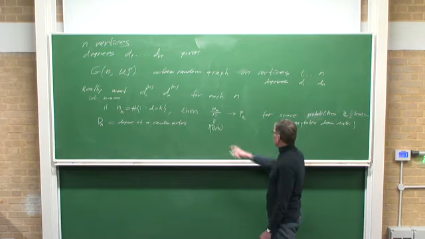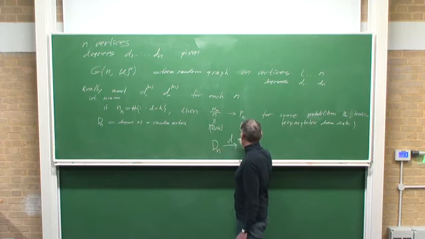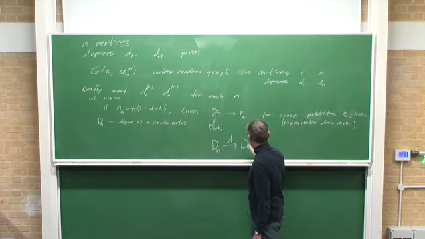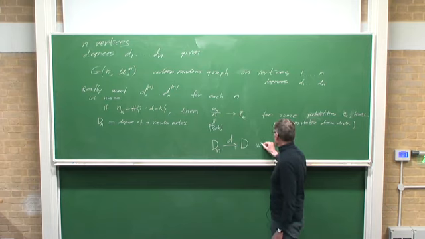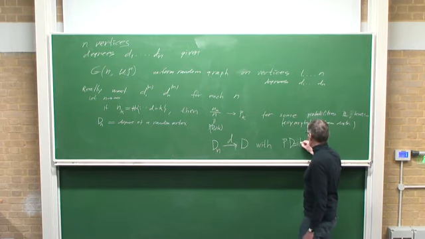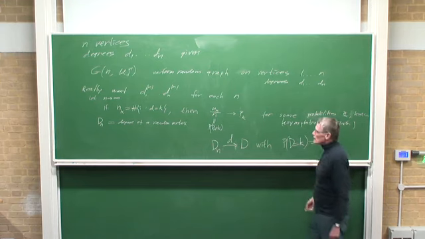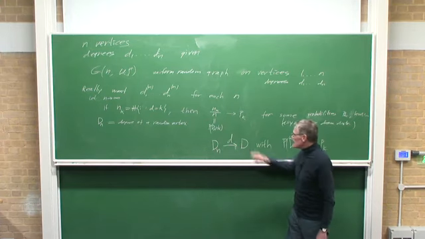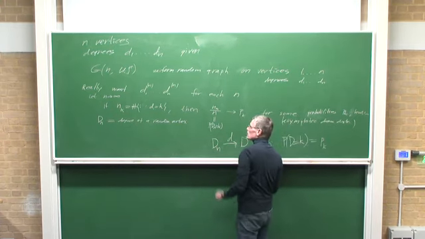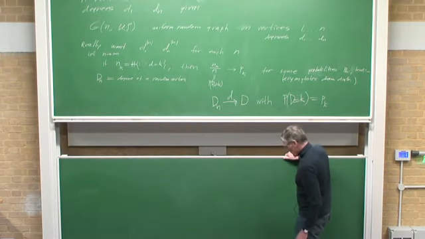And therefore what I say here can also be written as saying that Dn converges in distribution to D, where D has this distribution, probability D equals k is pk. Of course, this is the kind of notation I'm used to, phrasing things in terms of these random variables Dn and D instead of numbers here. But of course, you can easily translate with different notations.